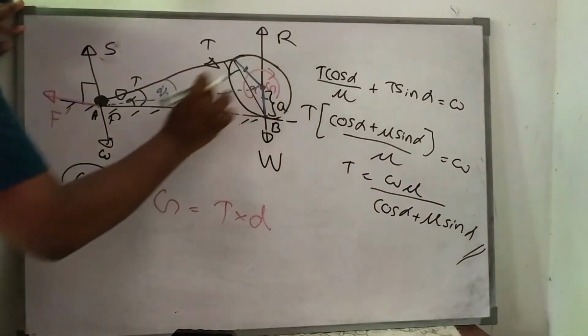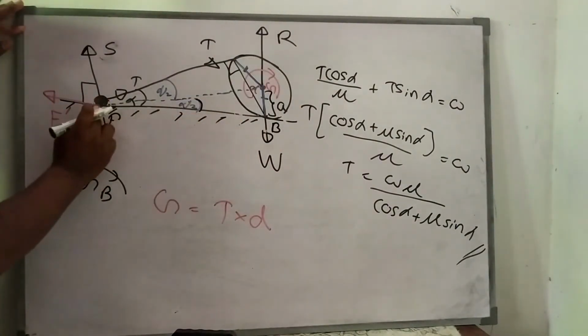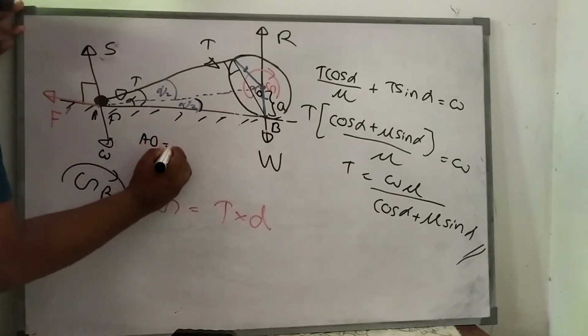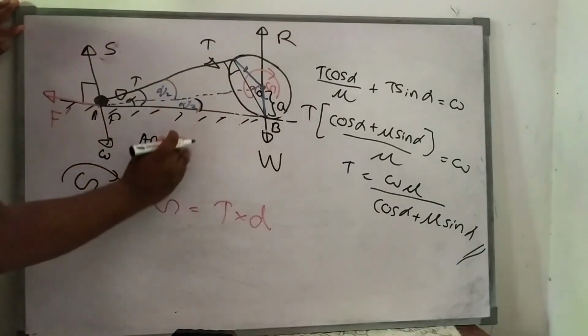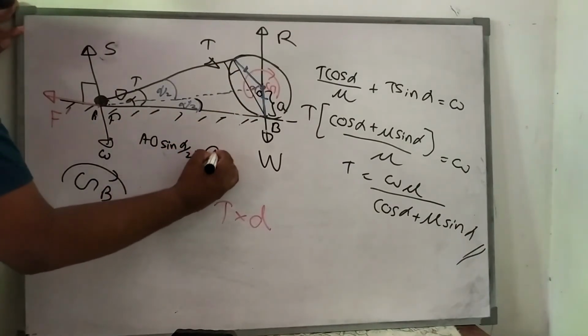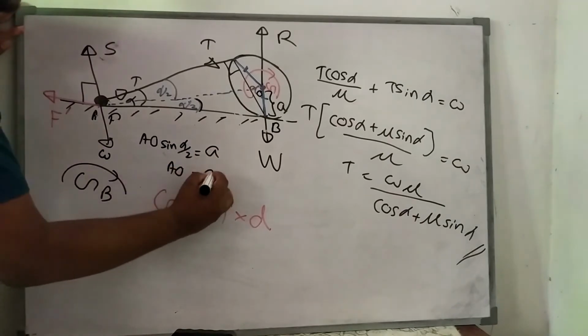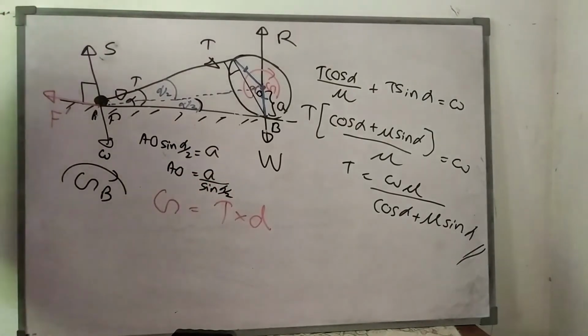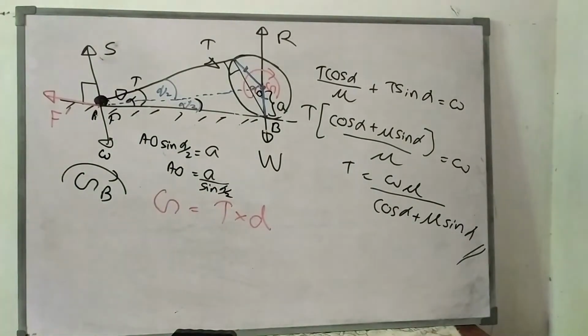Considering the behavior of congruent triangles, these are alpha by 2. So we can find the AO distance. AO sine alpha by 2 equals a, then AO equals a over sine alpha by 2.